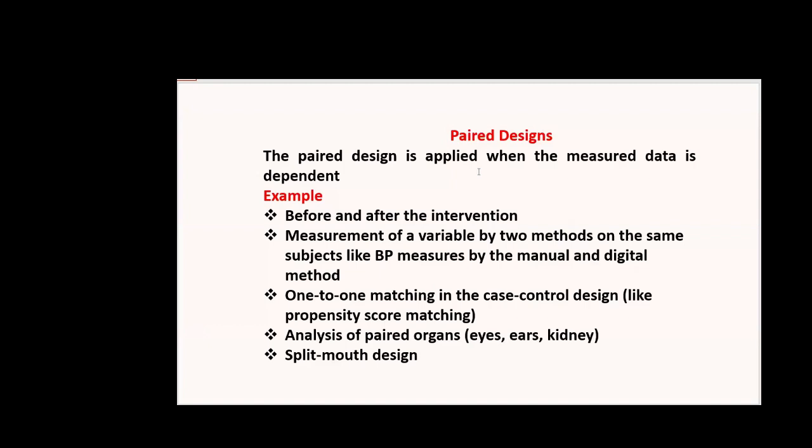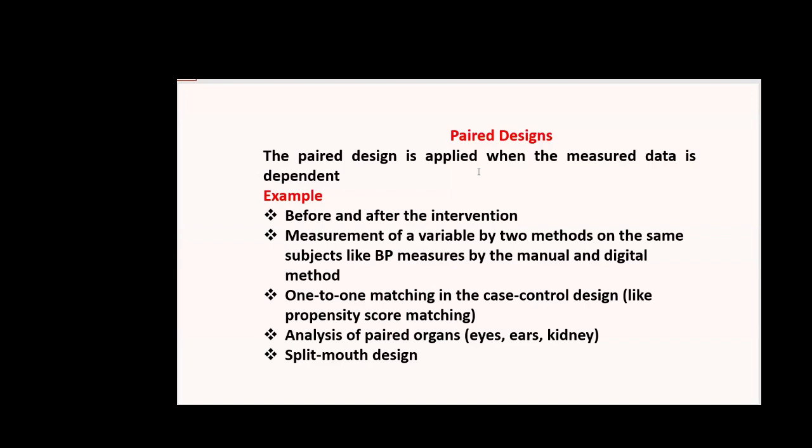One value is before treatment, and the second value is after treatment. So you want to find out the effect of treatment. Although a one group trial is not good, in some cases you don't have any option, so you go with one group. That is called a before and after treatment trial.